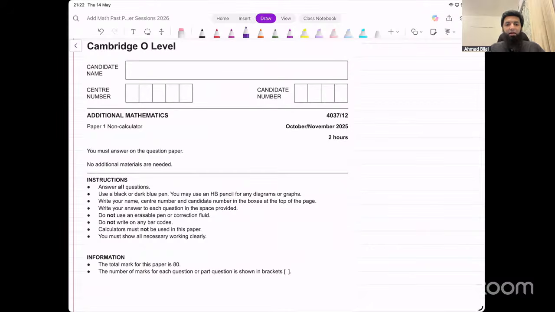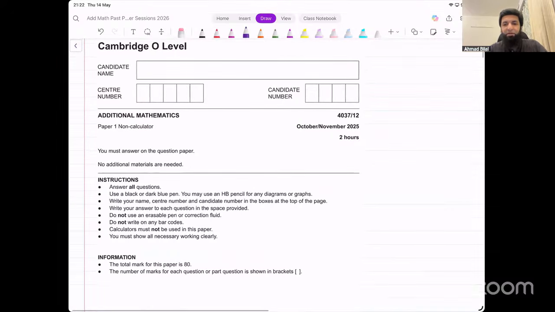And make these classes interactive. If there's anything that you don't understand at any point, you can ask questions in the live class, in the chat here, or offline in the WhatsApp group. So make sure that you are attempting the paper yourself first of all. That is important. Let's begin with this then.